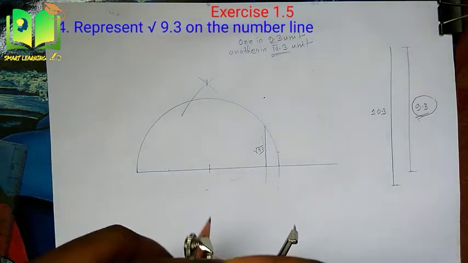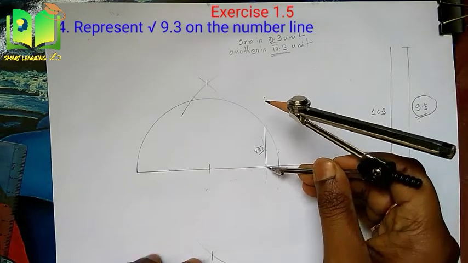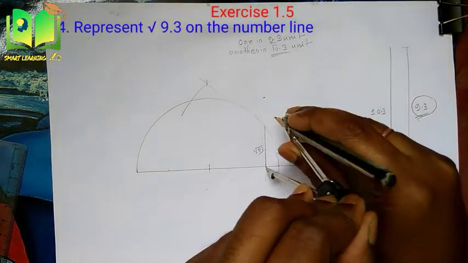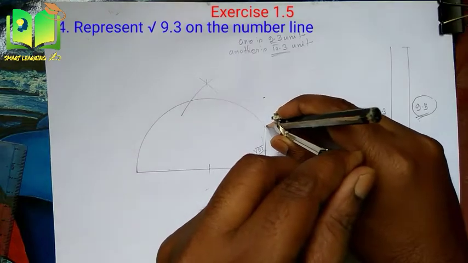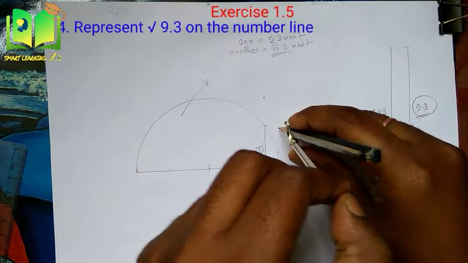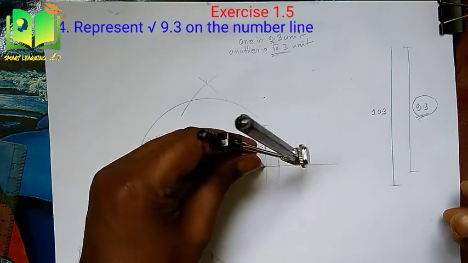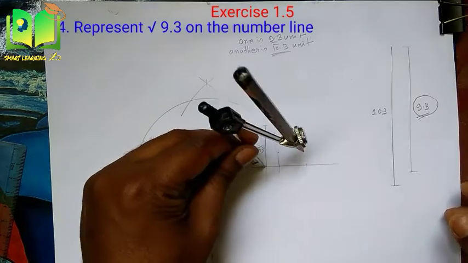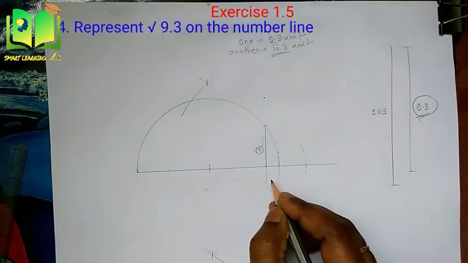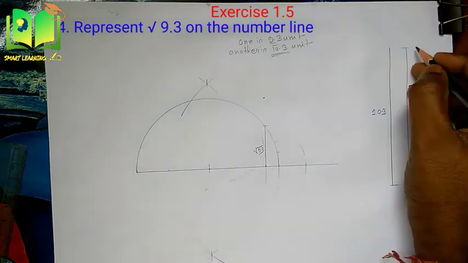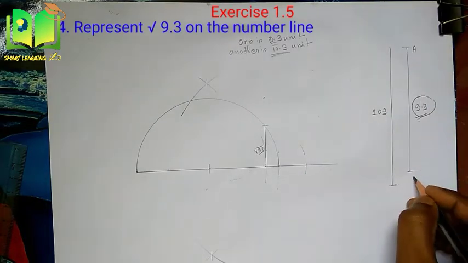So now you take the length of this one, okay, and construct it here. And now give names. First you give your initial line AB.